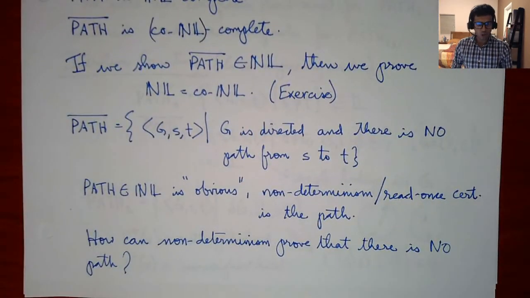But how can non-determinism prove that there is no path? This seems almost impossible, because non-determinism is all about saying that if there exists a non-deterministic path, then you accept the language. And we sort of dealt with this when we were talking about SAT and tautology. We said, in some sense, tautology is different from SAT.